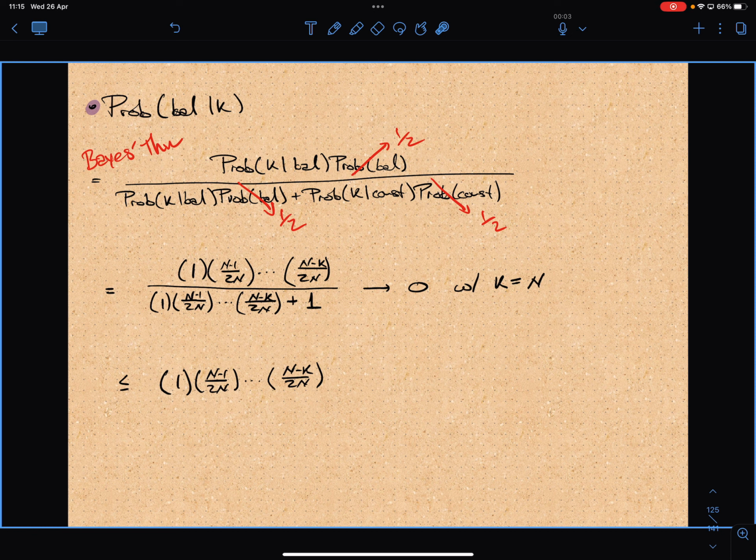I could retroactively claim that that was my original intention, but I just got lucky that that bound works out. But that's the main idea, that you're going to need a lot of measurements in this case to find out whether the function is balanced or not.